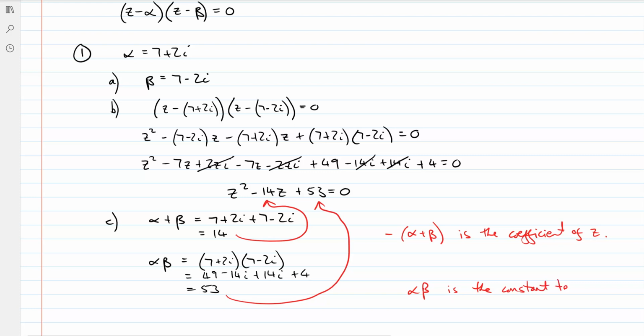Okay, and that will always be linked. So minus the sum of the roots of the quadratic will always be the coefficient of the z term, or the x term if you're dealing with x's. And the product of the roots, alpha beta, will always be the constant term at the end. Okay, we will do loads of this, so don't worry. That's question 1.